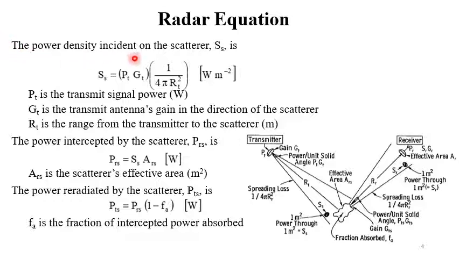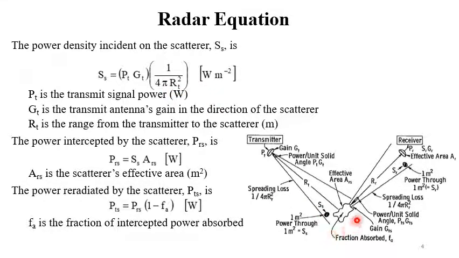The power density incident on the scatterer, written as SS, means power per unit area. So the power coming is PT GT divided by the spreading loss, that means PT GT divided by 4 pi RT square.